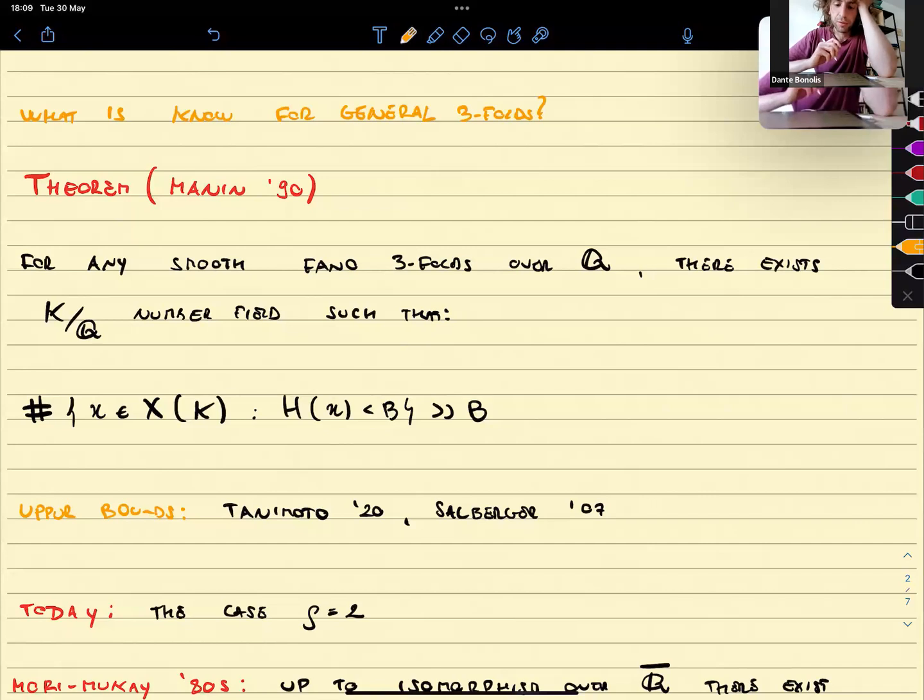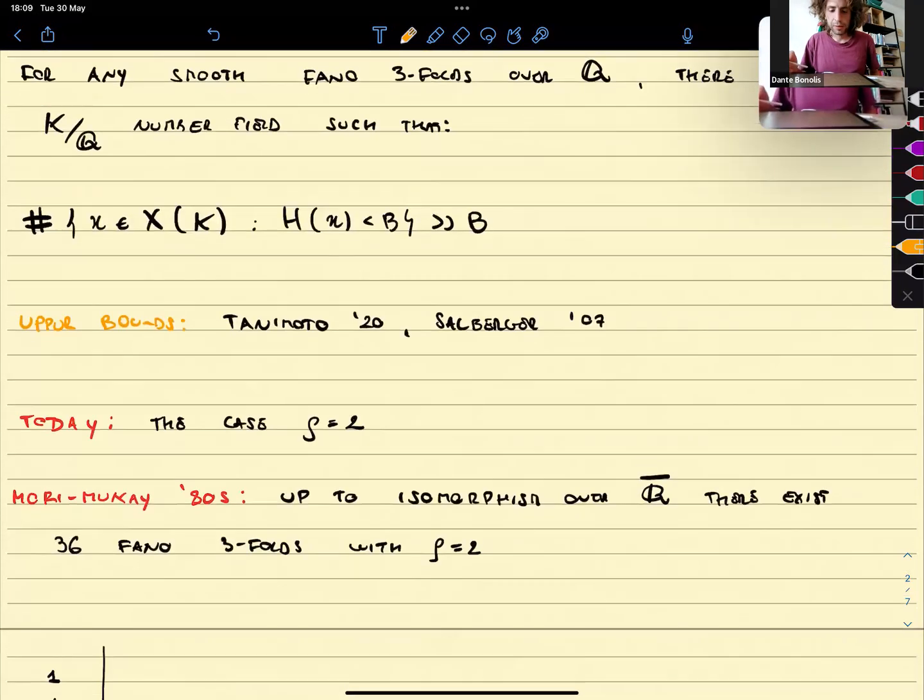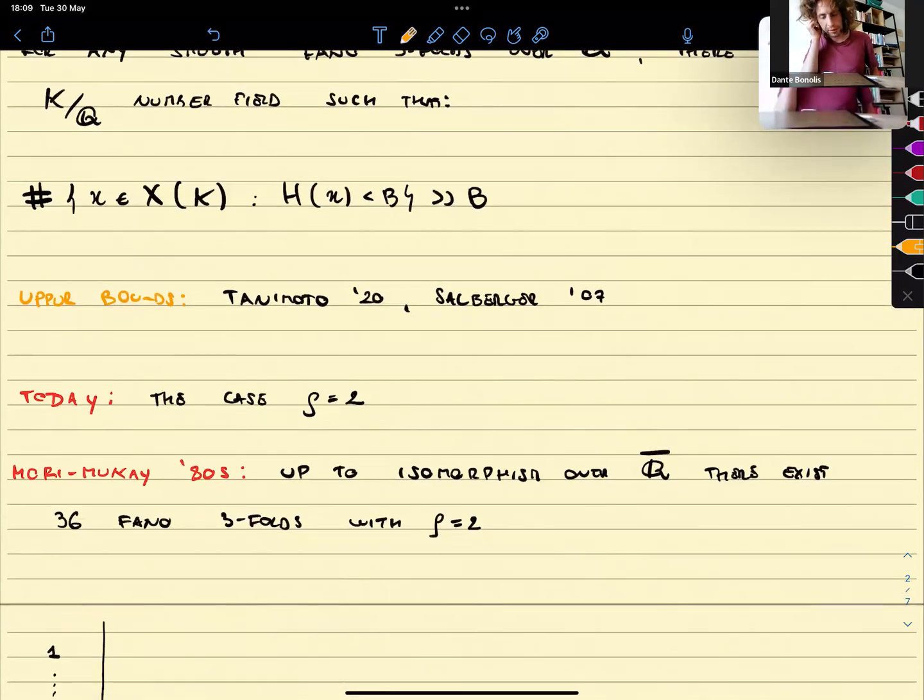Basically, if you take any smooth Fano threefold over Q, you can always find a number field extension K of Q such that if you count the K-points up to a certain height B, you have a lower bound of the size of B. And actually there are also upper bounds: Tanimoto and Salberger proved an upper bound of the form B to the power 1 plus epsilon, once you remove a thin set which concentrates too many rational points.